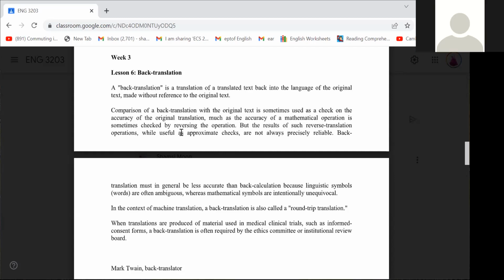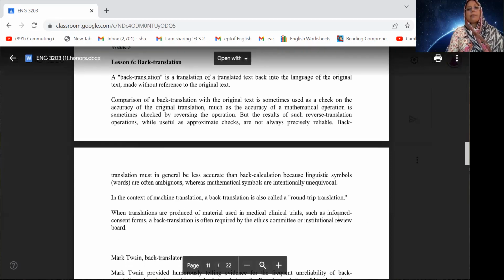Comparison of a back translation with the original text is used as a check on the accuracy of the original translation. So through back translation, the accuracy of the original translation is checked. In the context of machine translation, it is called round trip translation.